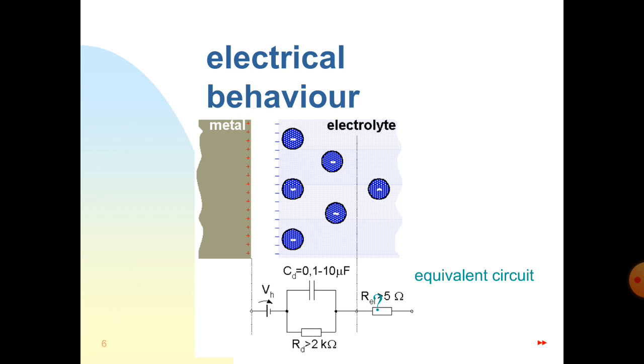So this slide shows the equivalent circuit of the electrolyte. Here we are adding some passive components in that circuit. Passive components means resistor and capacitor. So we are connecting the passive components in the equivalent circuit of the electrical behavior.